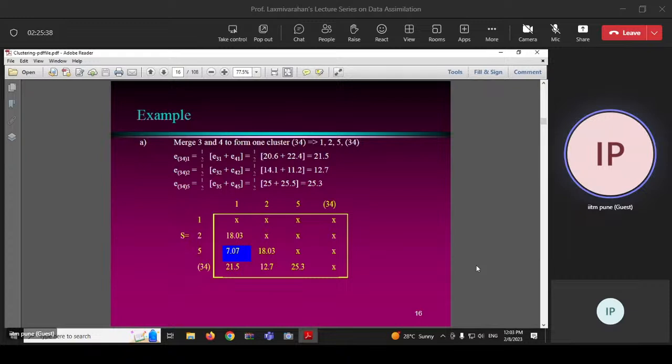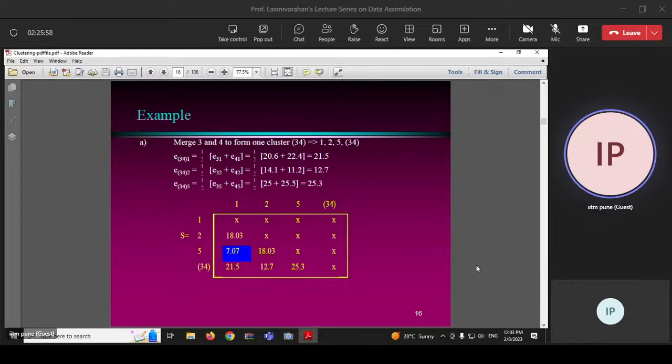So what's the question? How do I compute the distance between 2 and 3, 4? How do I compute the distance between 1 and 3, 4? How do I compute the distance between 5 and 3, 4? The distance between 1 and 2 has not changed. The distance between 1 and 5 has not changed. The distance between 2 and 5 has not changed.